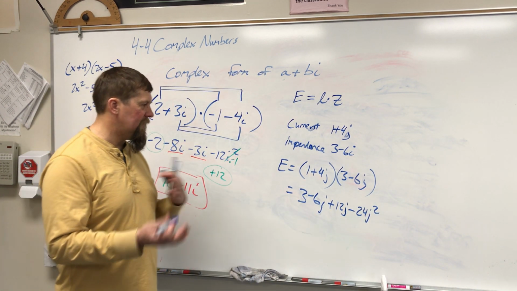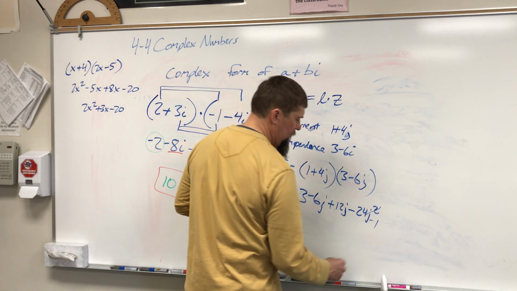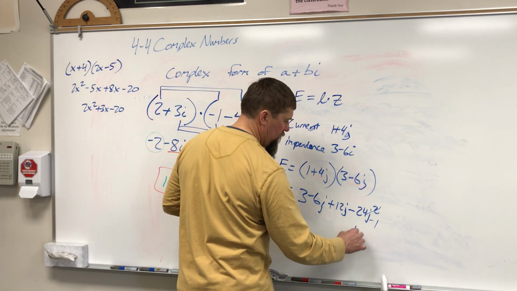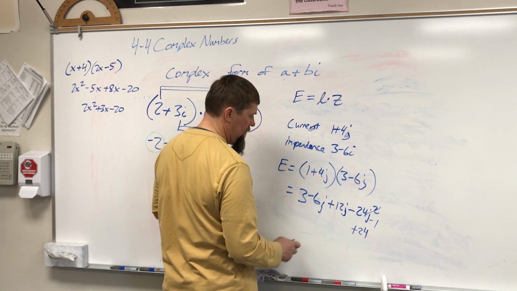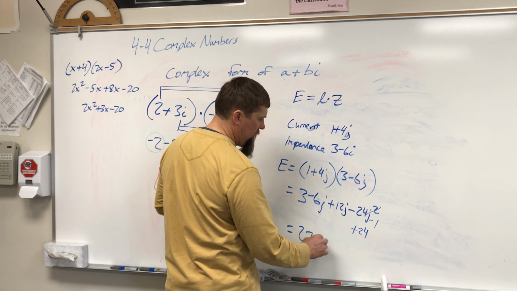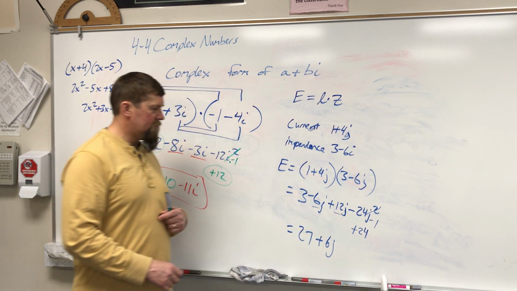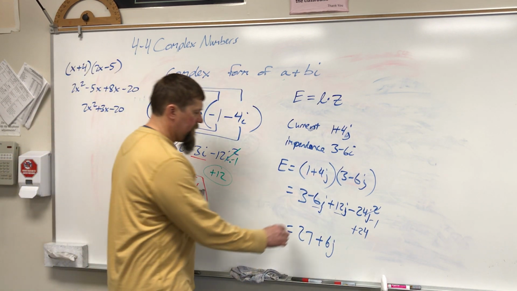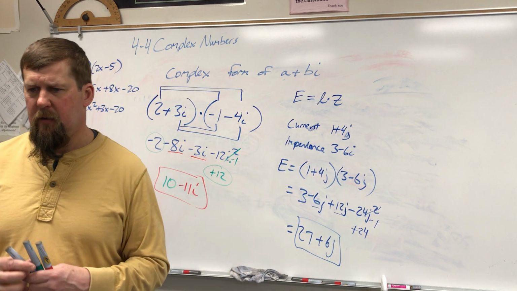And again, just like i, this is the same as -1, so that makes this plus 24, because it's -24 times -1. That gives me 27 plus 6j. Okay, so -6 plus 12 is plus 6. So therefore, this is my voltage.